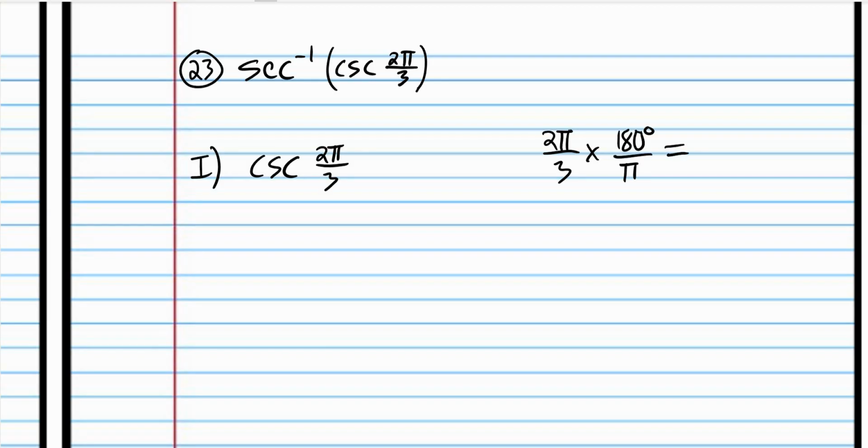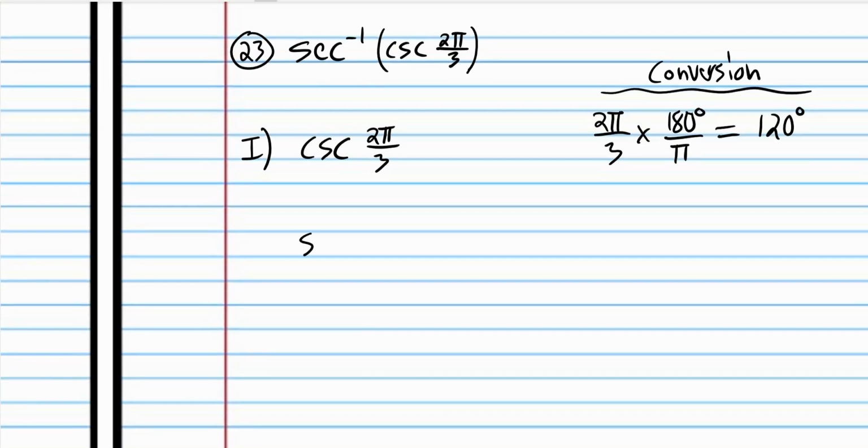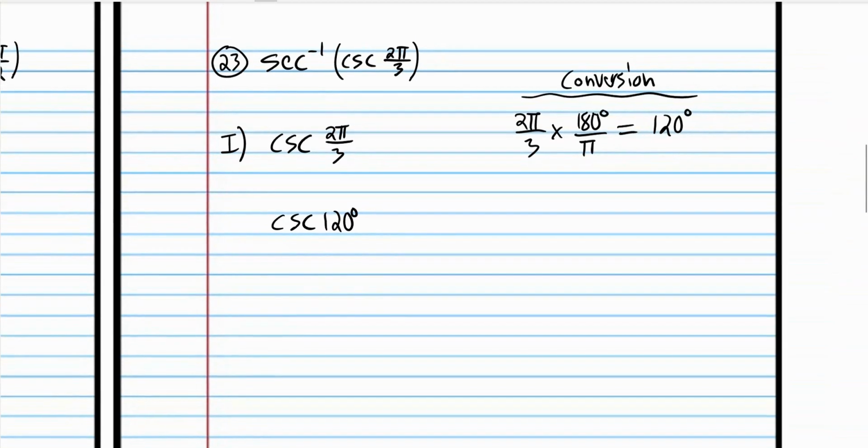We'll get 360 over 3, which is 120 degrees. So you can do it that way also. But now that we know it's 120 degrees, let's change it to that because it's easier to recognize, easier to work with degree measures. So our triangle is going to be in the second quadrant.